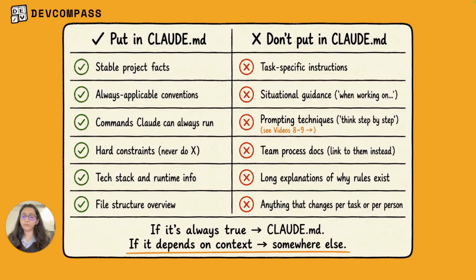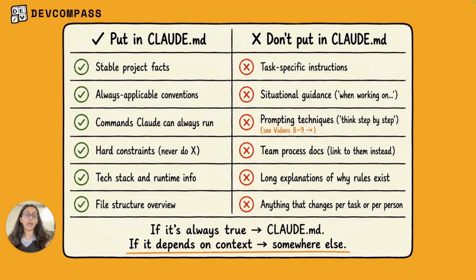The second one would be always-applicable conventions. Okay, so let's see what belongs in a claude.md file and what doesn't, and we'll talk about each one of them one by one. For example, if it is a stable project fact, it will belong in the markdown file.